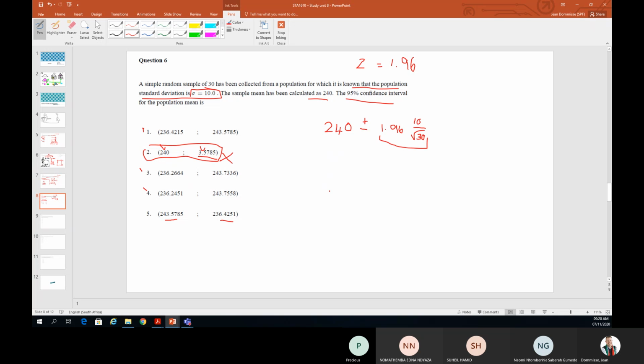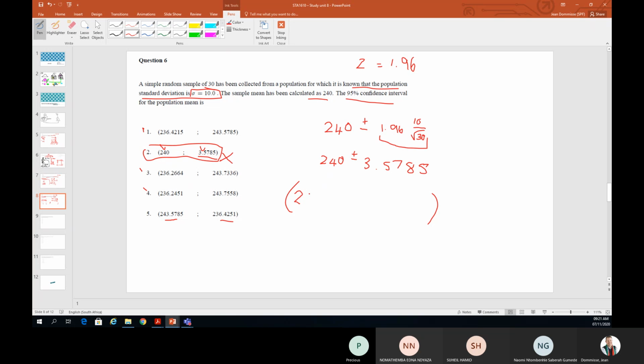We need to say 10 divided by the square root of 30, which is 1.8259, times 1.96, which gives me 3.5785. So my confidence intervals will be 240 minus 3.5785, and the top one will be 240 plus that, sorry.